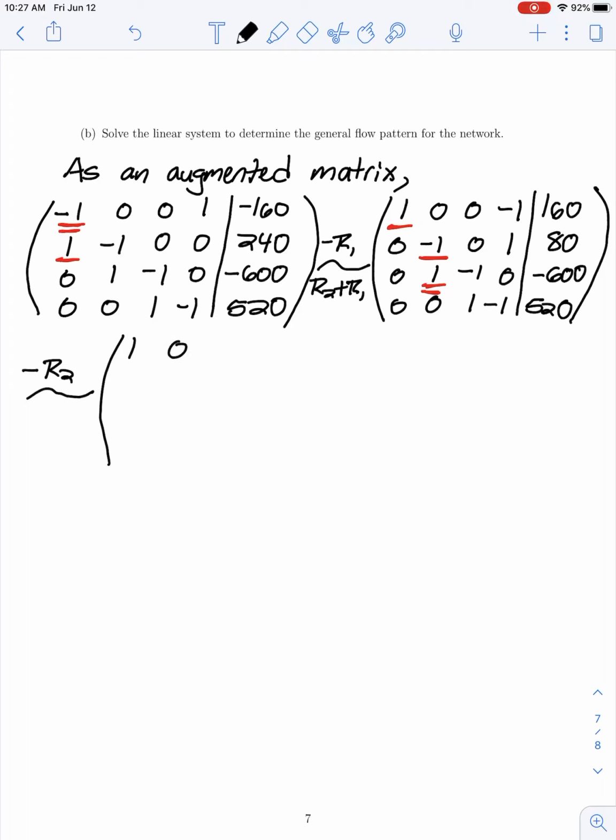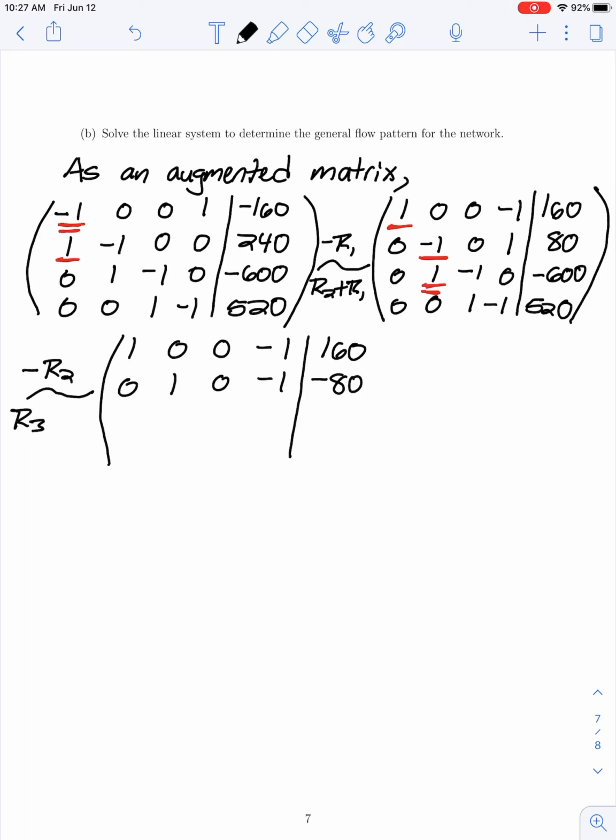So one operation which I will perform is to take the negative of row 2. So my first row will remain 1, 0, 0, -1, 160. My second row becomes 0, 1, 0, -1, -80.